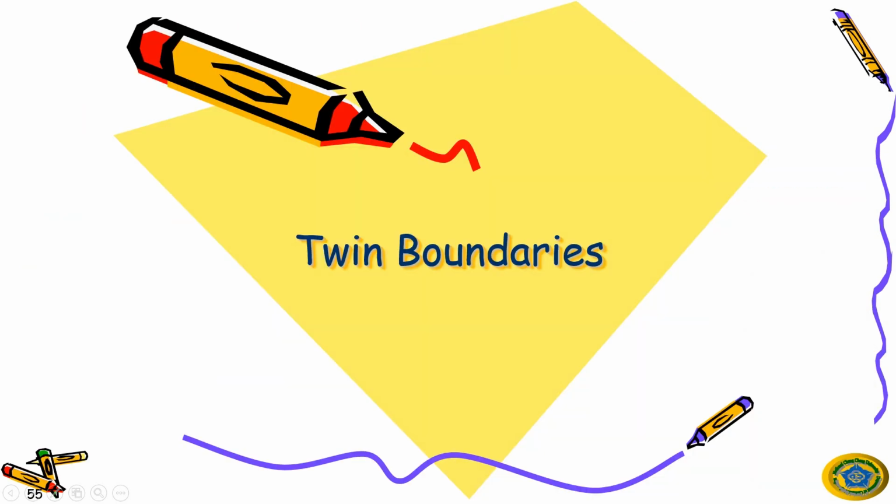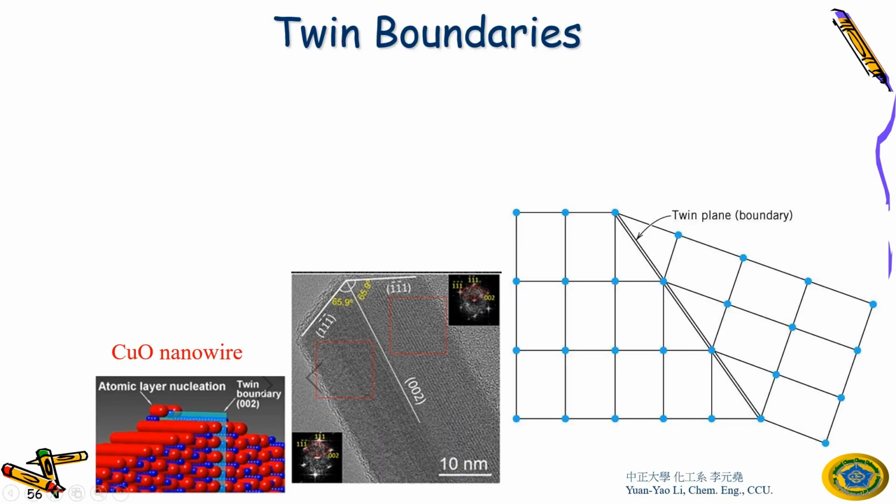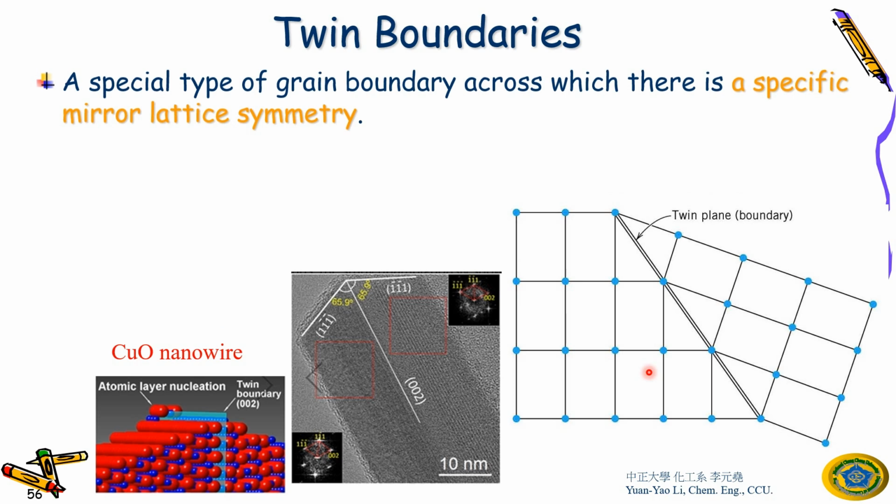Okay, right. So next is the twin boundaries. What's a twin boundary? This is what we call twin boundaries. Under the microscope, you can see a crystal lattice like this, and it looks like a mirror. You have a mirror here. You can see that both sides show the same pattern.